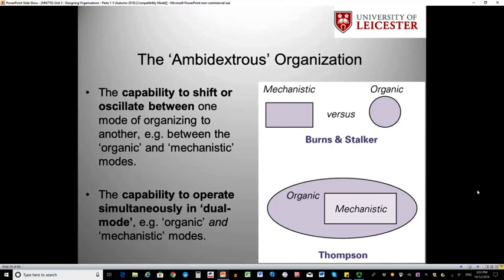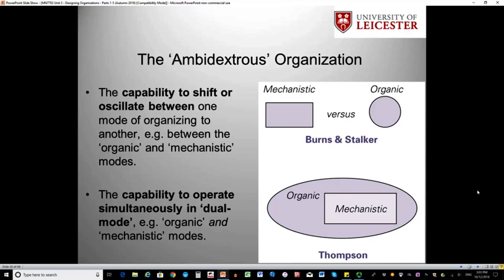So an ambidextrous organisation would look less like the graphic at the top of this slide, mechanistic versus organic, and look more like the graphic below, which is an organisation that can either have an organic mode with bits and pieces within it which are mechanistic, or it might be largely mechanistic with parts which are organic.